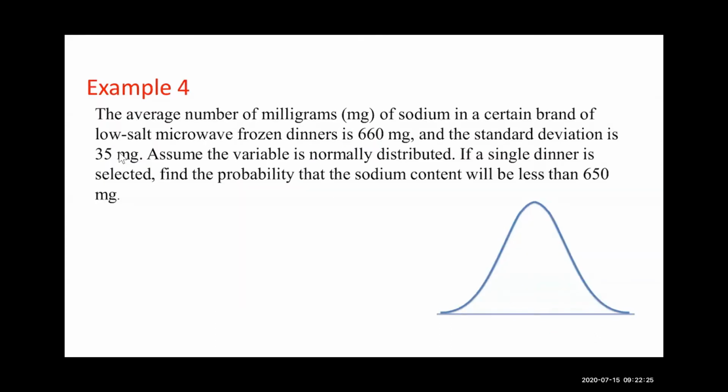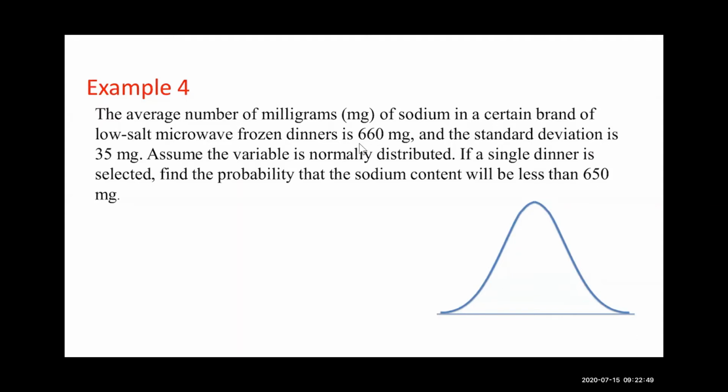Okay, next example. Let's find out what is given here and what we are asked to find. The average number of milligrams of sodium in a certain brand of low salt microwave frozen dinner is 660 milligrams. So they have given the average amount of sodium is 660 milligrams.